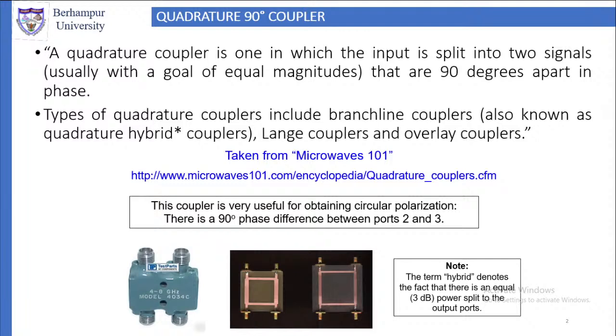So 0 to 90 degrees is the first quadrant, 90 to 180 the second, 180 to 270 the third, 270 to 360 the fourth. So there are 4 quadrants. Similarly, when there is a phase difference of 90 degrees, the signals are said to be in phase quadrature.